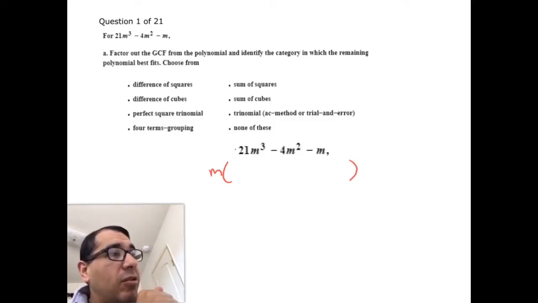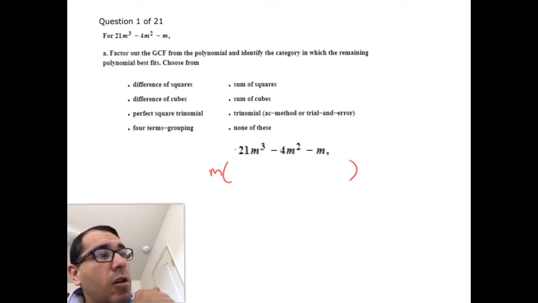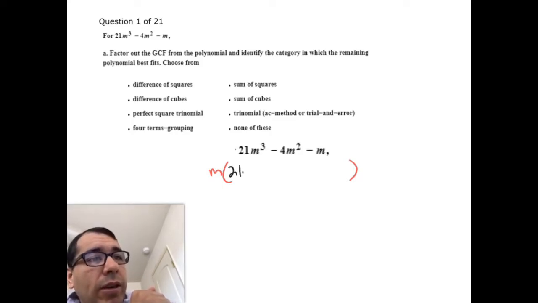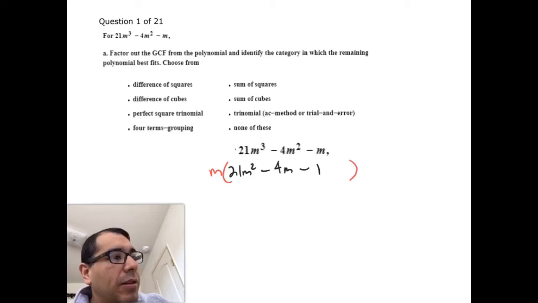And so I'm going to reduce all my exponents. I'm going to reduce all these M's by 1, and then this one's going to disappear. So we're left with 21M squared minus 4M and then minus 1. Notice because M times that 1 gives me that M right there.